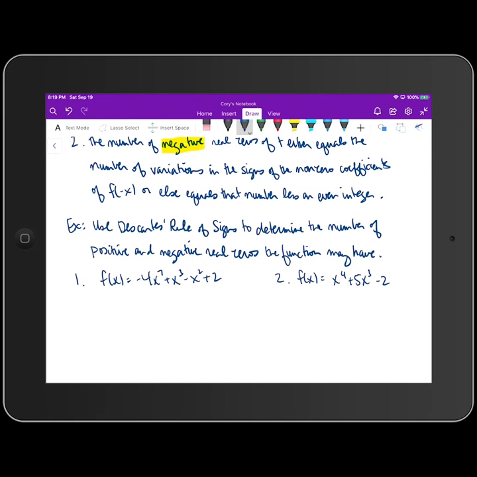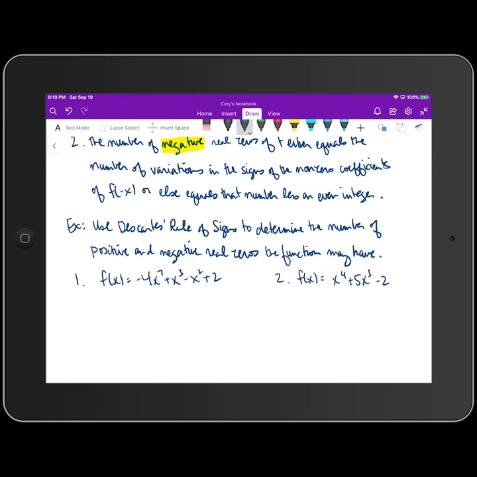And for number one, we have the function f of x equal to negative 4x to the 7th plus x cubed minus x squared plus 2. Okay, so if we want to get the number of positive real zeros the function may have, we want to count the sign variations in the coefficients of f of x.